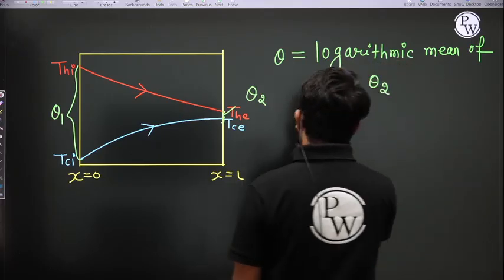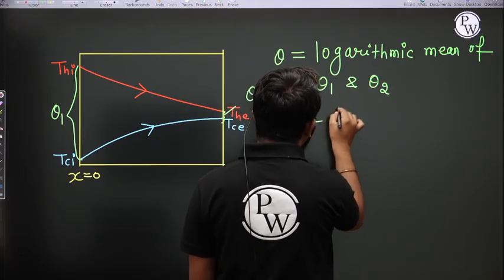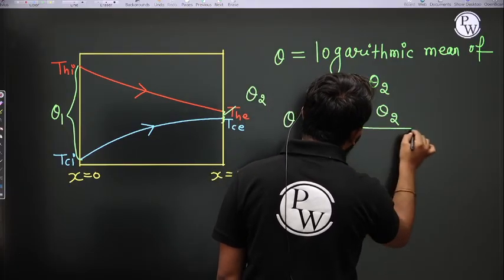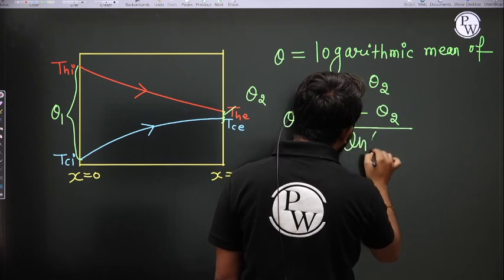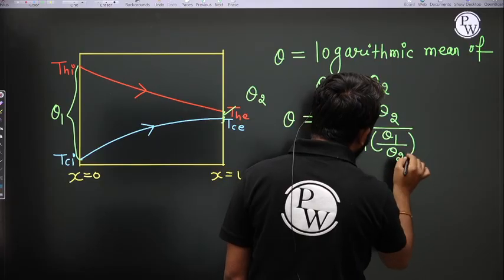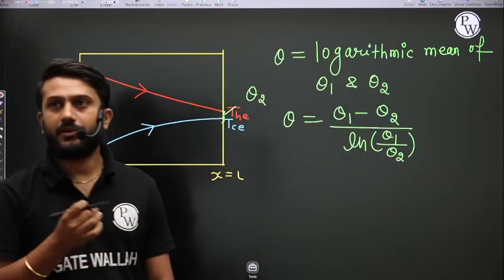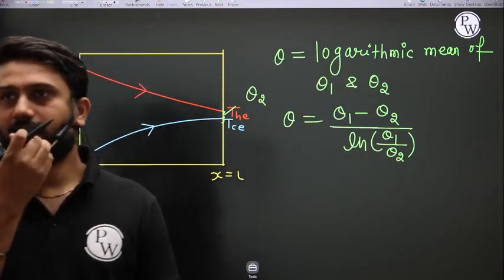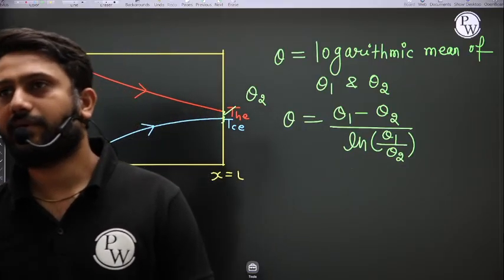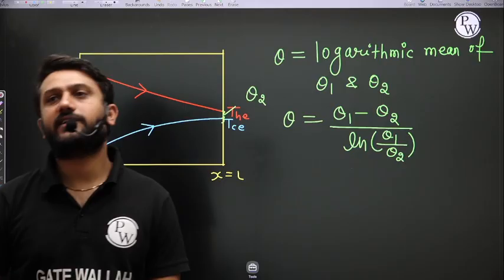That means theta is equal to theta 1 minus theta 2 divided by natural log theta 1 by theta 2. This is the logarithmic mean of theta 1 and theta 2.